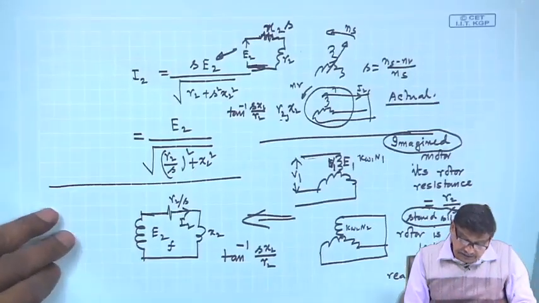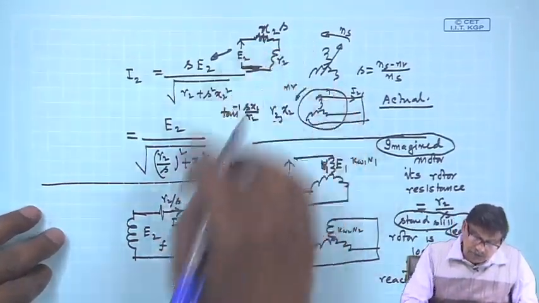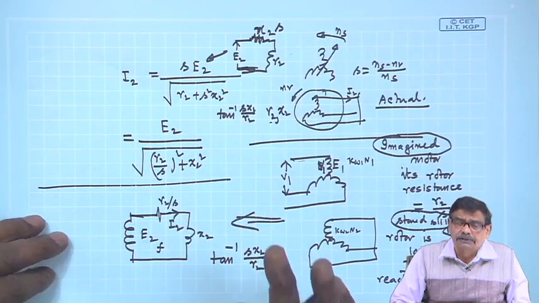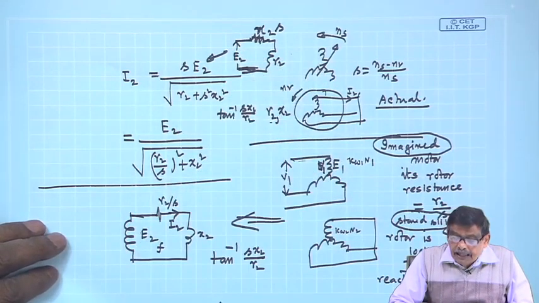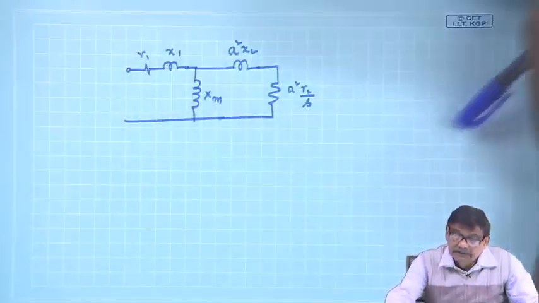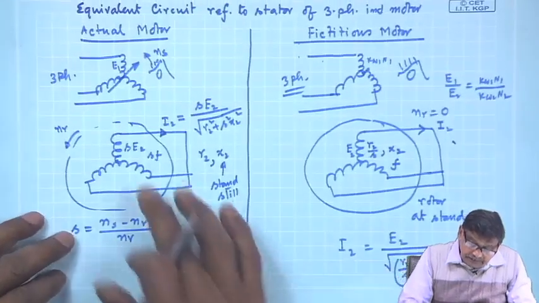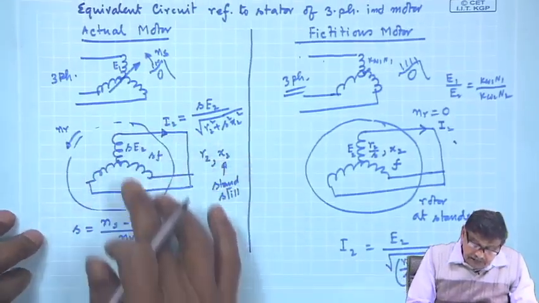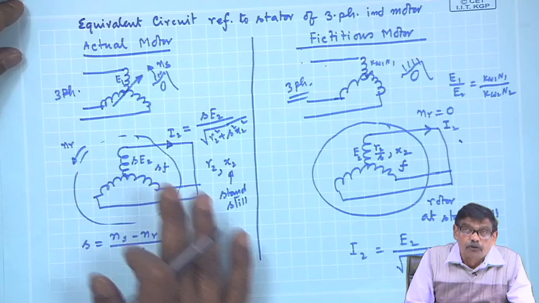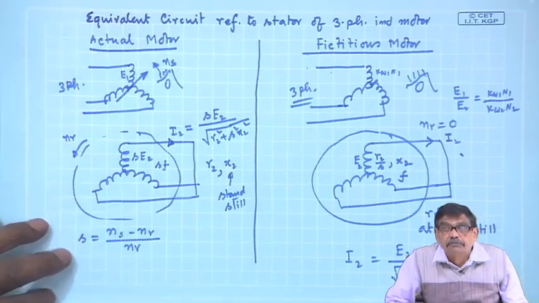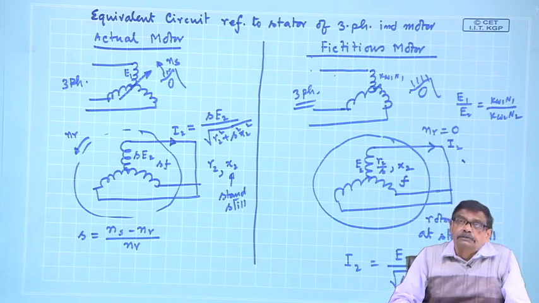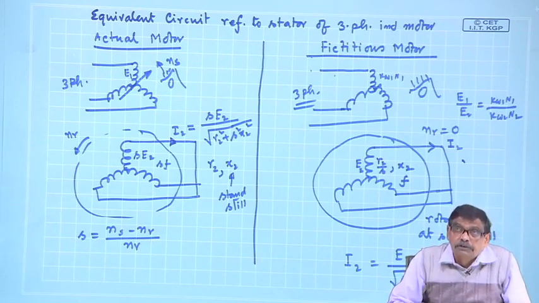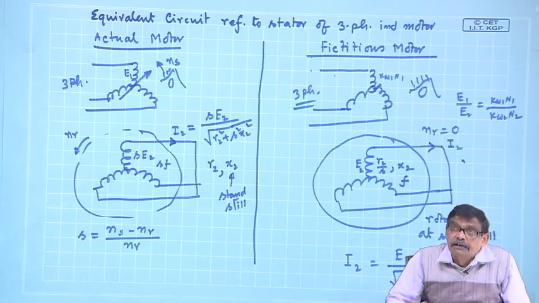Only thing was that these two circuits, this circuit and this circuit, are not equivalent, because real power is different in both these cases, and that we also explained because in this case there is definitely some mechanical power output, because the machine is running with some slip S, N S is not equal to N R, it is overcoming that opposing torque, and therefore there is some mechanical power output.